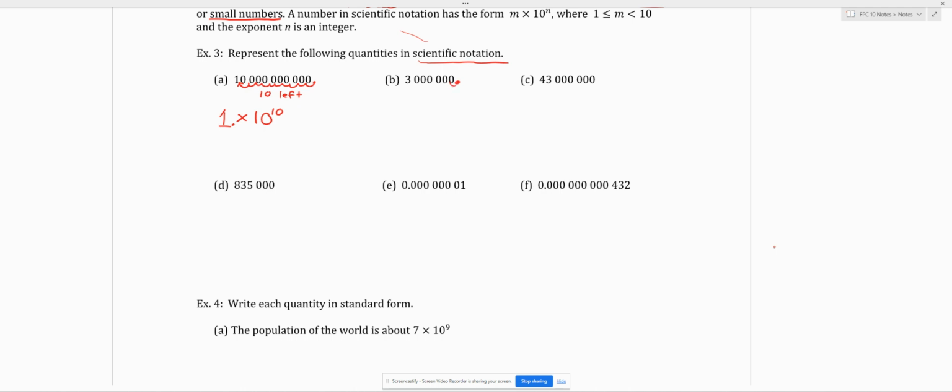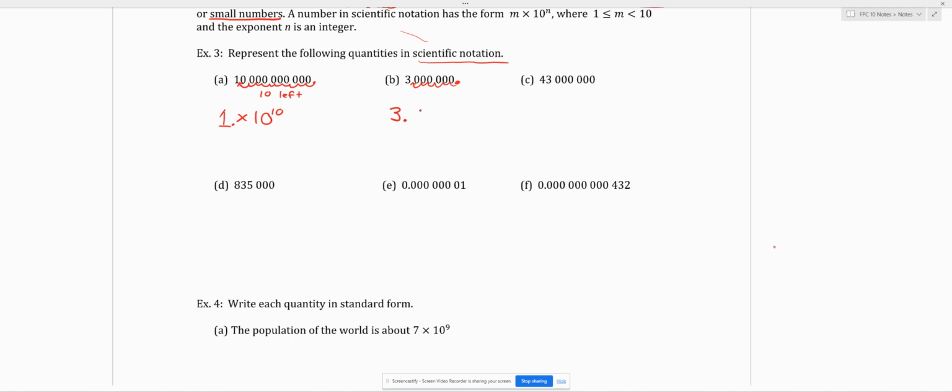I'm going to move it 1, 2, 3, 4, 5, 6, right here, to the right of the leftmost non-zero digit. So this is 3. Now we don't normally write it, but the decimal is right there.